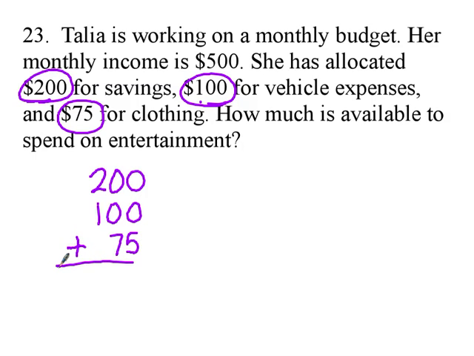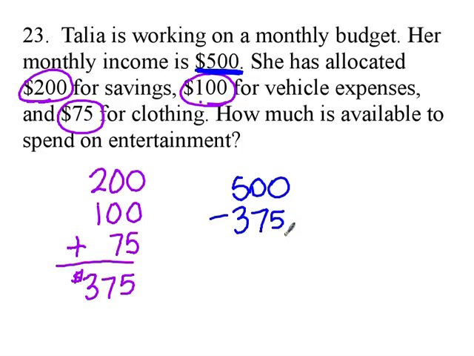What does that total up to be? Yep, 375. So I've got $375 allocated in my budget. I have a total of 500. So how do I find what's left to spend on entertainment?